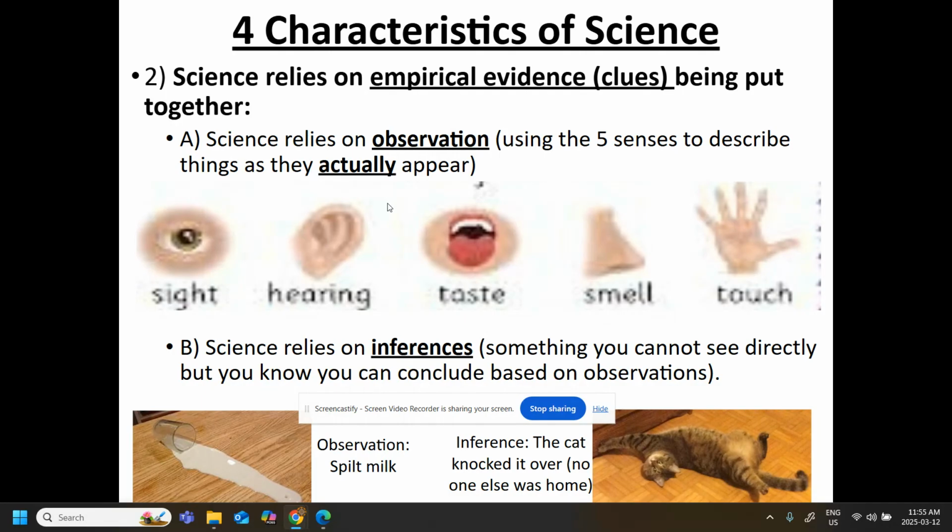So using my sense of smell, I smelled something burning. So those are all observations I made. An inference is because I touched the door and I saw smoke and I could smell something burning, there might be a fire on the other side. So using inferences and observations, science can better explain the world. So it's not made up, it's using true data points based on your observations and inferences.